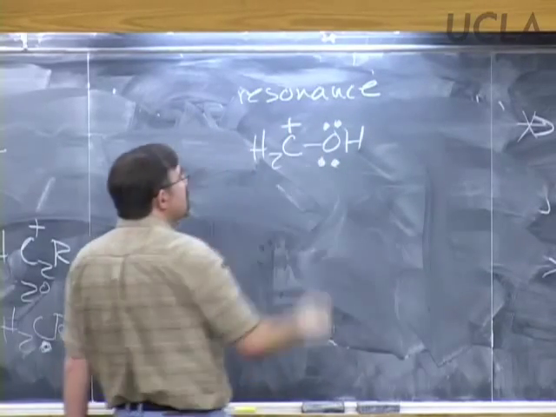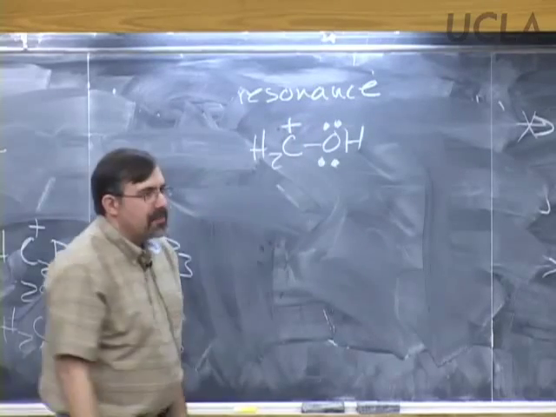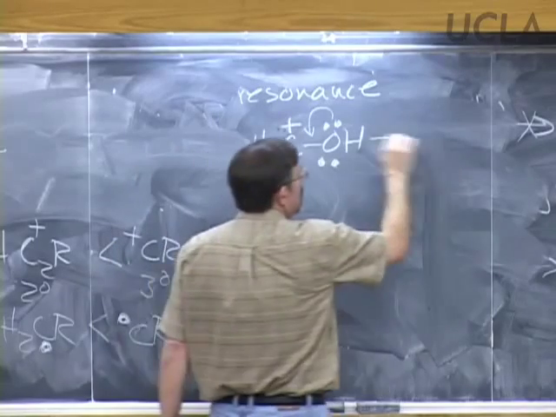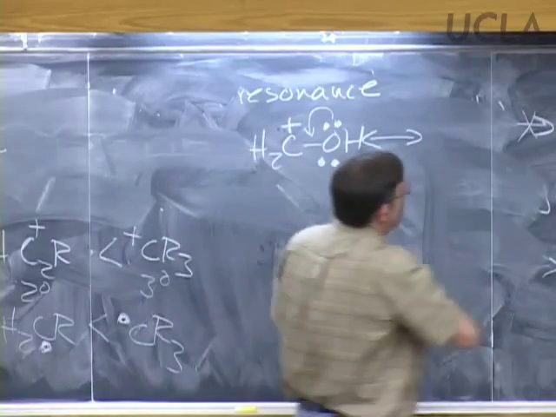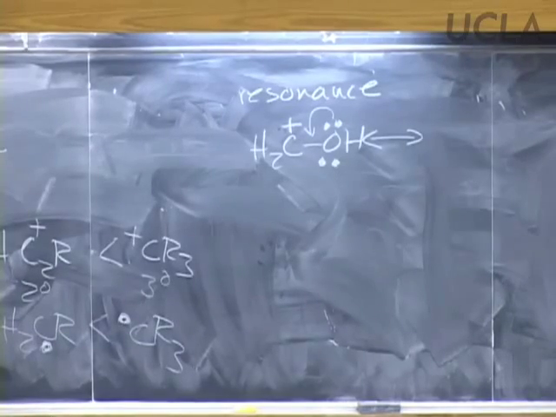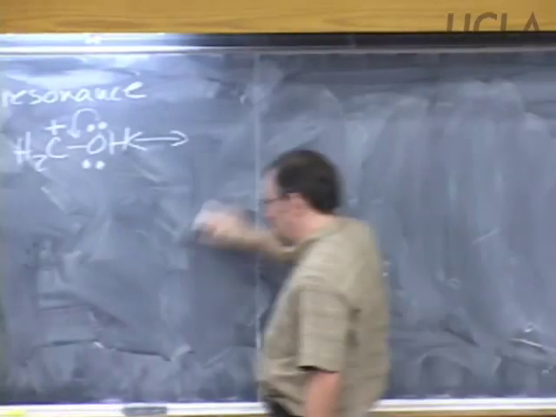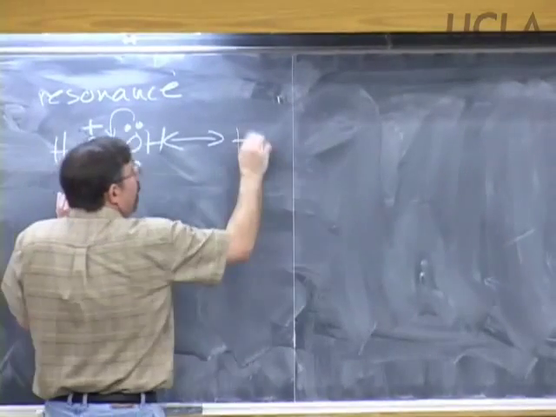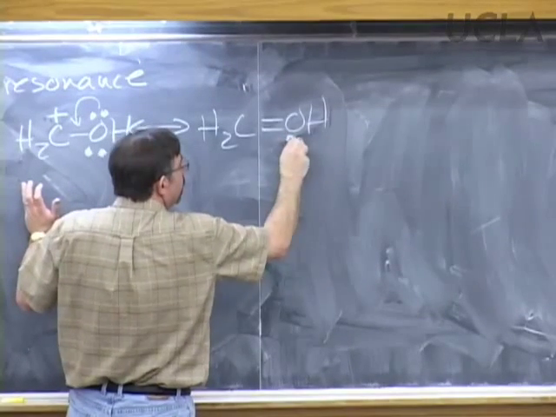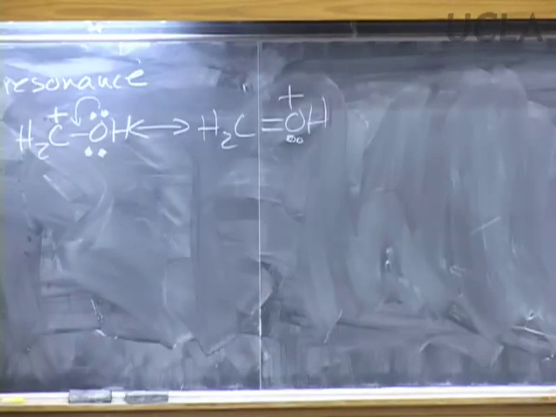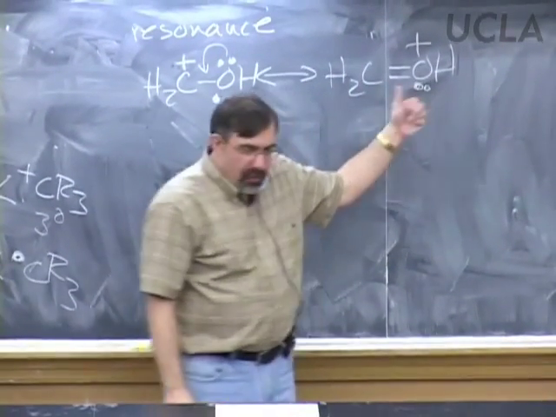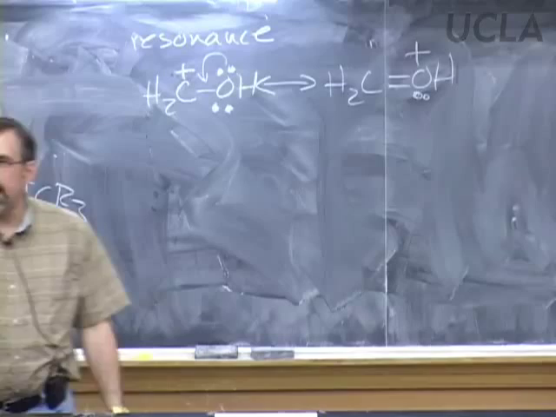Put some lone pairs on the atom next door to the open octet, so remember we can combine those. When we combine those in our other resonance contributor, we get this guy. Lone pair became the pi bond. Carbon's octet gets filled. Oxygen's octet is still filled, but it has the positive charge.